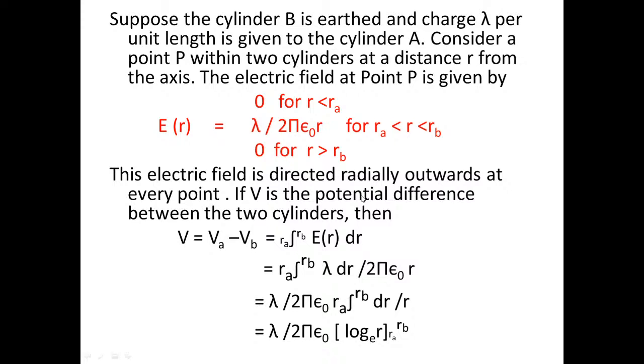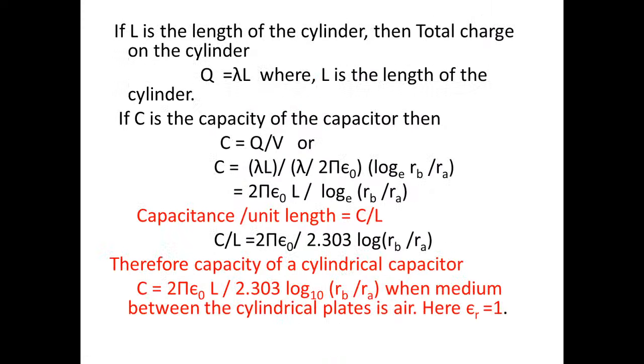We found the potential difference due to this, and then by using the formula C is equal to Q upon V, we found the capacity of a cylindrical capacitor. So this is all for today.